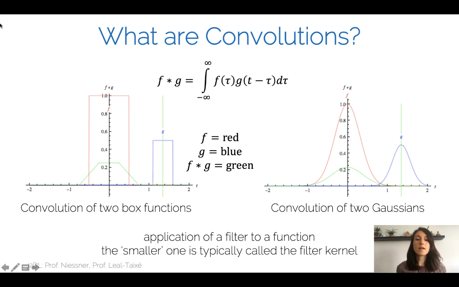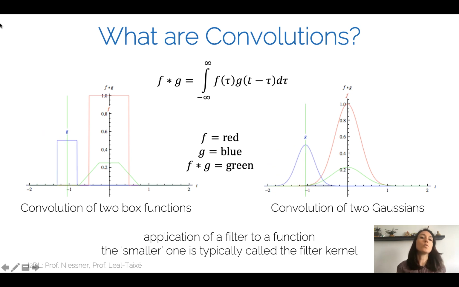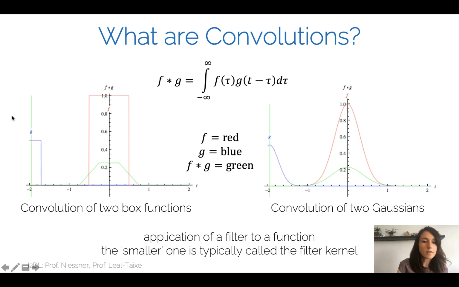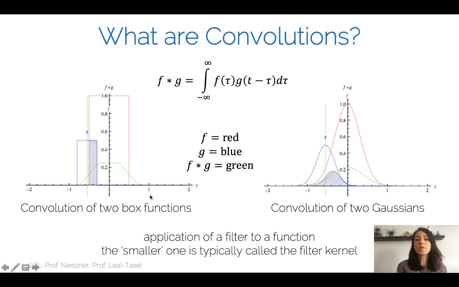This old concept that comes from signal processing has been so powerful for developing deep architectures for computer vision applications. In this case, we see two examples of what the convolution operation would deliver: two box functions being convolved with each other, outputting this green signal here, or the convolution of two Gaussians, which results in another Gaussian, indicated also by the green curve.